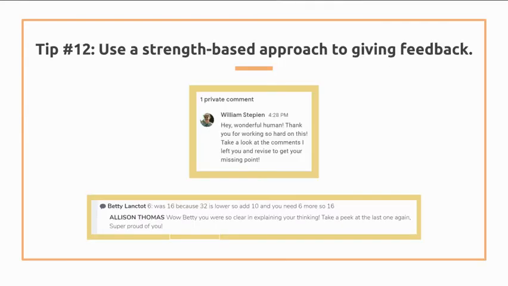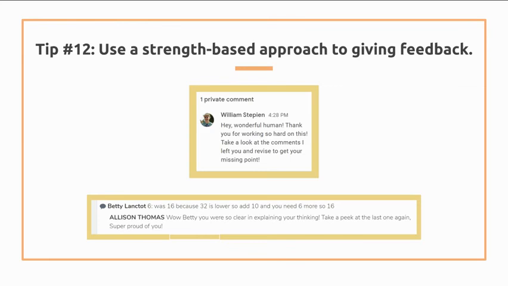Tip number 12, use a strength-based approach to giving feedback. In the Relationships module, we introduced you to the 3-to-1 positive to negative interaction strategy for communicating with students in a remote environment. This strategy lets students know you notice their efforts and the thinking they have put into their work. When giving personal feedback, start with the strengths.